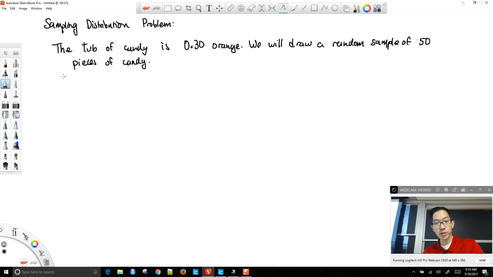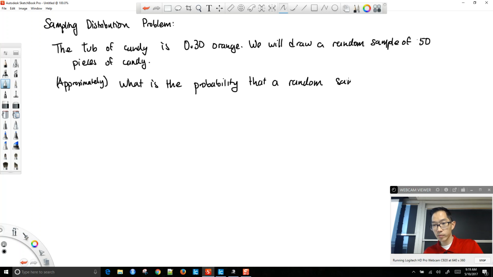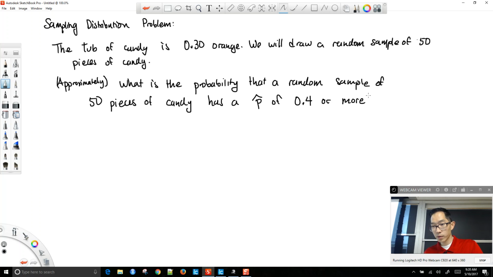So using that normal approximation, I'm going to ask the question: approximately, what is the probability that a random sample of 50 pieces of candy has a p-hat of 0.4 or more?